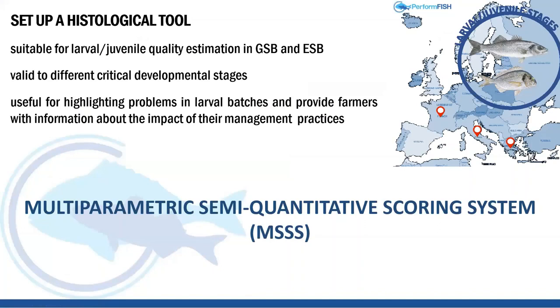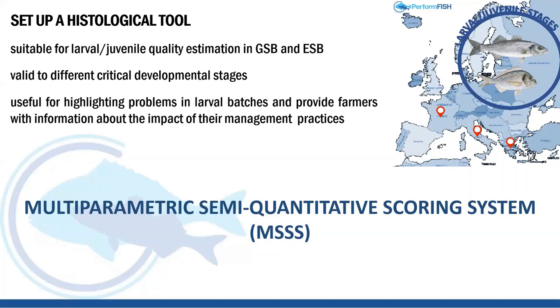As I think you have realized, the activities of UNIUD within the work package of this project were focused on adopting the histological tool in order to, first, develop an original system specific for the evaluation of gilthead sea bream and European sea bass larval and juvenile quality, able to promptly recognize health problems in a fish batch and provide indication about the causes of this problem that could be due to not optimal management practice.